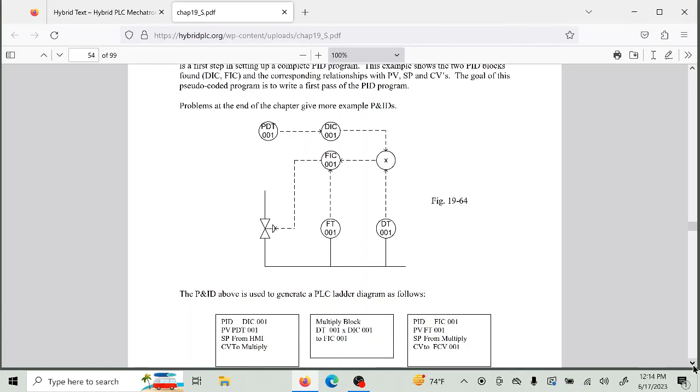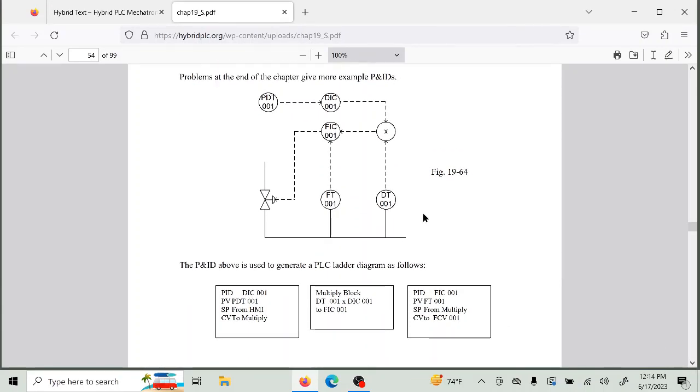We look through and we see the various devices, and we see the inputs and outputs, we see lines, and we try to coordinate that with various blocks.